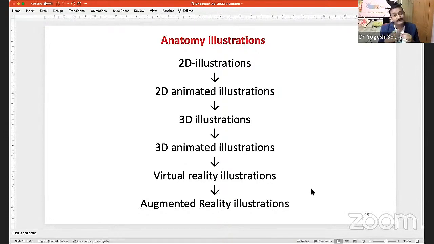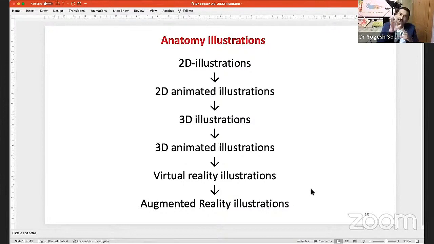Now Tom and Jerry is also coming in 3D animations. Like that, anatomy illustrations are also evolving. So 3D illustrations started, and then 3D animated illustrations came into the picture. Then over a period, virtual reality illustrations started. Then further, it progressed to augmented reality illustration.